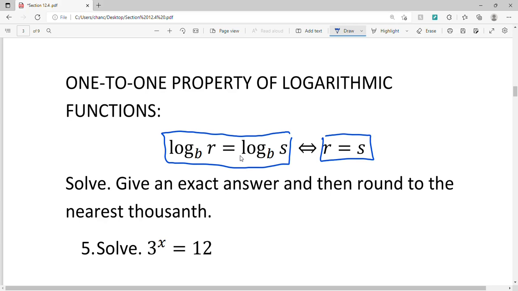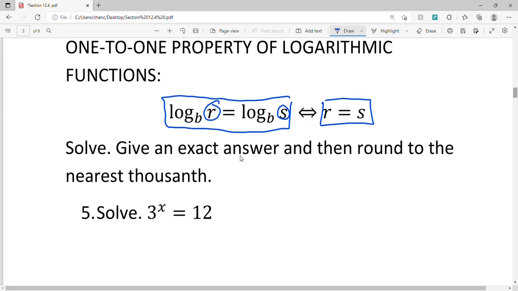How is this important? Well, it says if you're taking the log of a function and it's equal to another log of another function with the same base, well, then you can remove the logs. That's what it's saying. We can take the logs away if they're the same base. And so we can try these problems now.